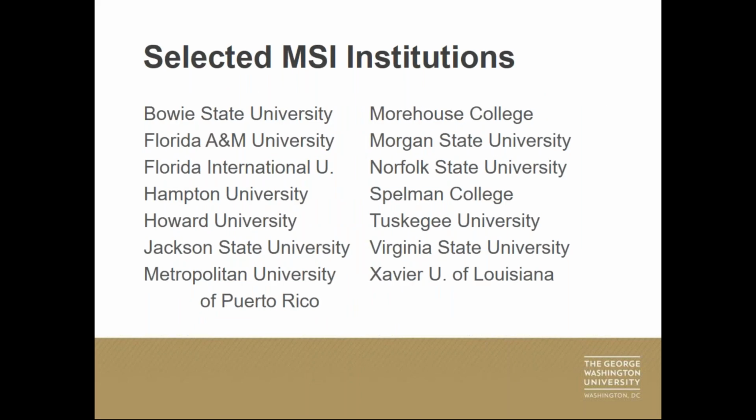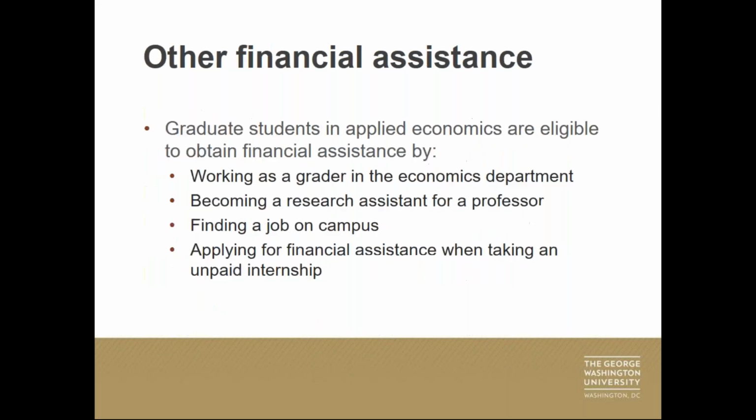Selected MSI institutions are listed on this sheet here. Howard University here in Washington, D.C. is one of them. Florida International University, Bowie State, Morehouse College. The website has the whole list of institutions. This is just a selected list that I put here for this slide.